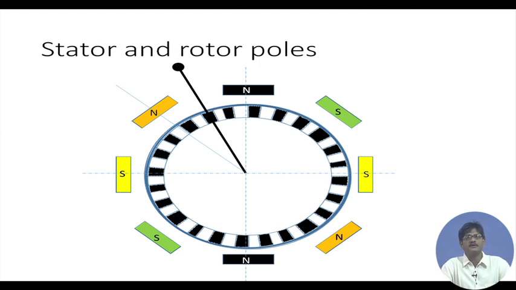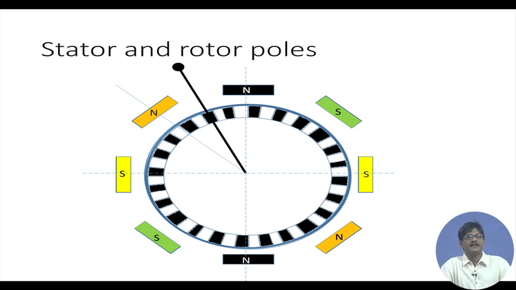Therefore, at 22.5 we find the effect of the 2 north poles creating a stable position for the south pole on the rotor. That means the rotor is equally attracted by these 2 north poles and it aligns itself to the field direction, so that the black south pole shown on the rotor is exactly aligned meridionally with the black line shown.